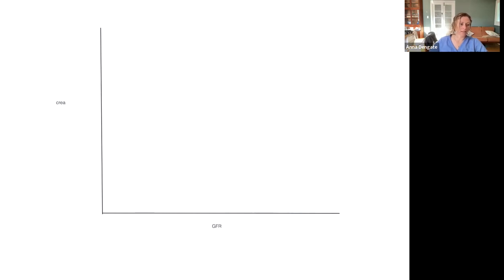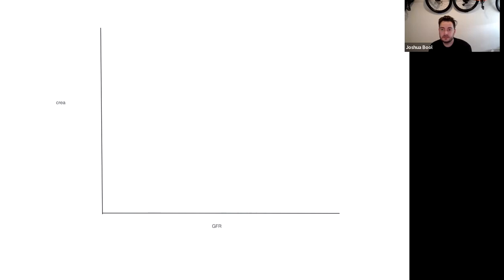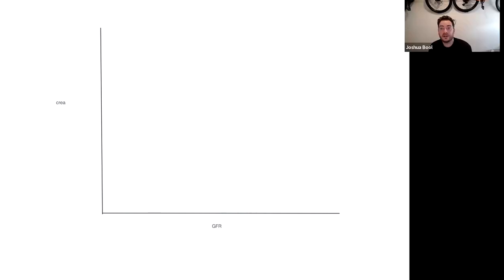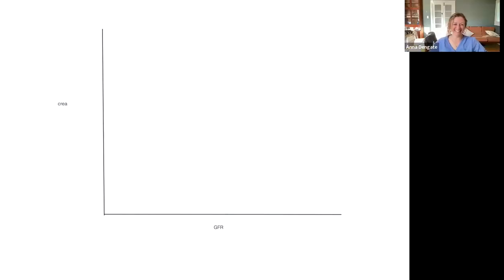If we've got a very low GFR, where's our creatinine? It's low as well. Low GFR. Oh, sorry, high. Not filtering. Yeah. Good.